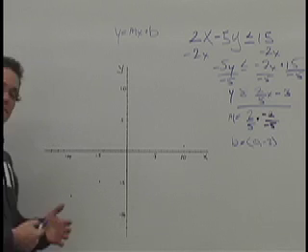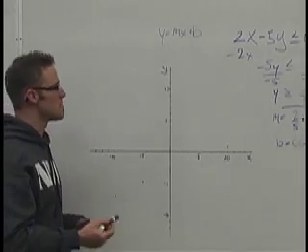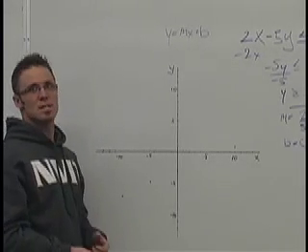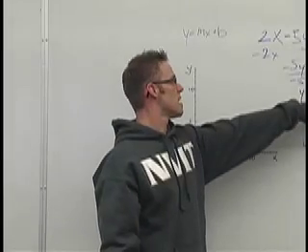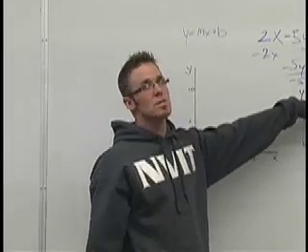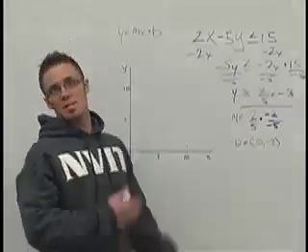Now when we're graphing inequalities, there's 2 different types of lines we can use, a dashed line or a solid line. In this case, because it is a greater than or equals to, we're going to use a solid line. If it was just a greater than sign, we would just use a dashed line.